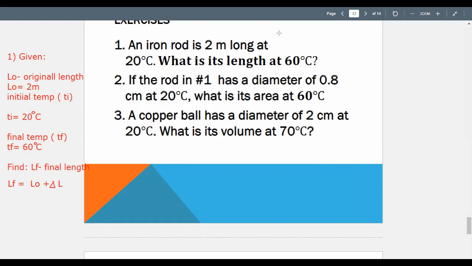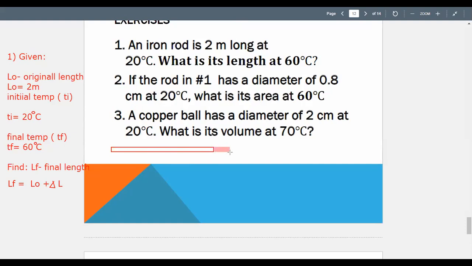Now, if you have an object, guys, that you heated, let's say a rod. If this is our rod, we know that this rod, if you heat it, will possibly become longer. It will elongate.